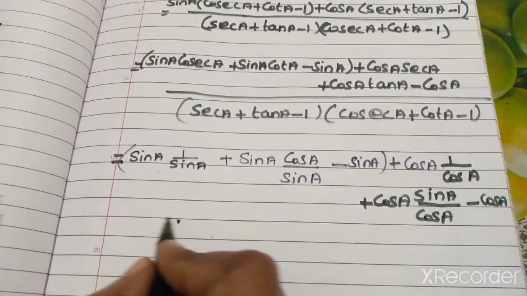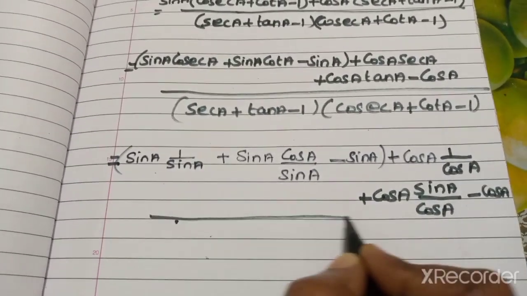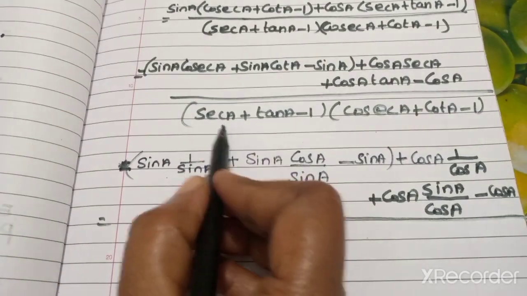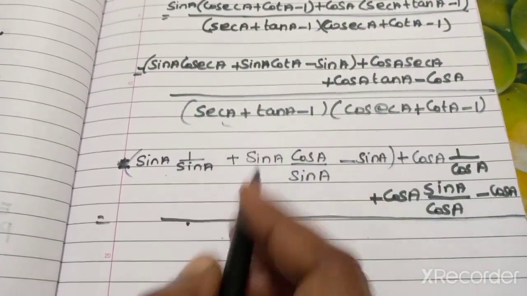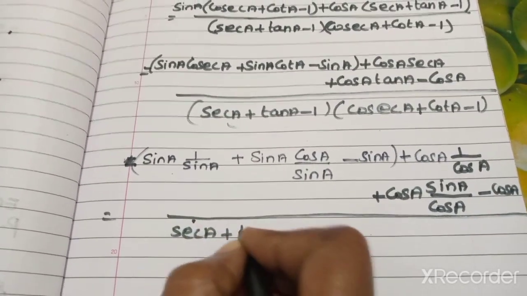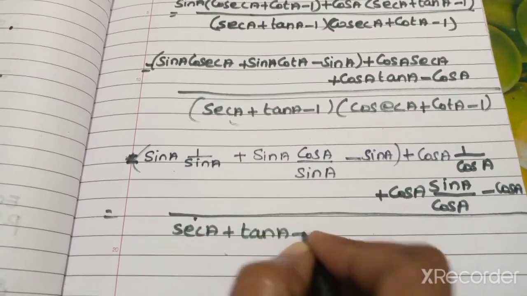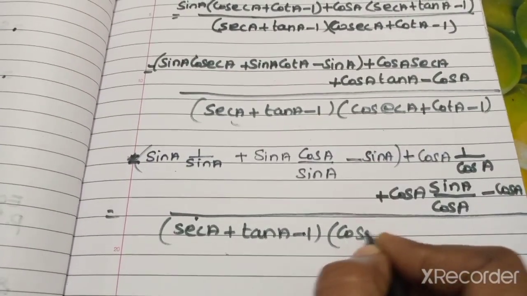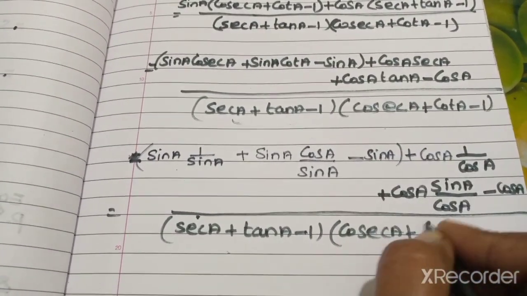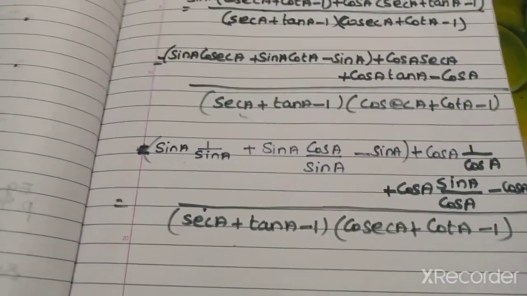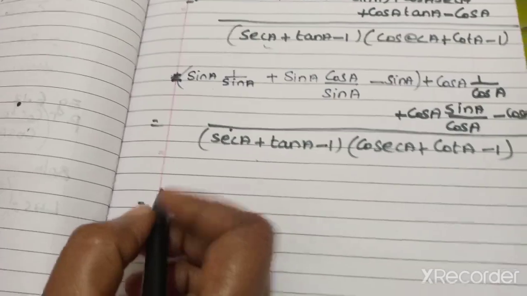Then denominator as it is, let's write, okay. This equal sign, let's write here. Denominator, these denominators, both the terms as it is, right. We have secant A plus tan A minus 1 into this one cosecant A plus cot A minus 1, which is equal to, here what are the terms that can be cancelled now?